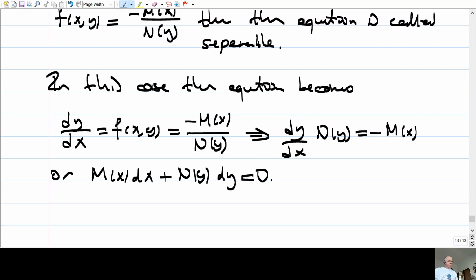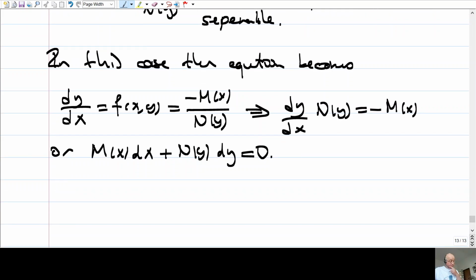So we will see later that we write equations like this. We kind of separate dy and dx like this. This is just a notation, but it's a useful notation. However, keep in mind that when I write this, actually I mean this, okay?